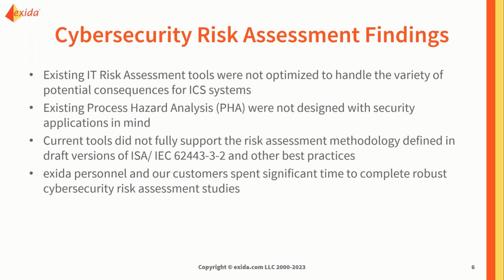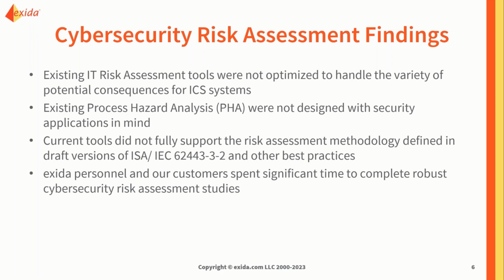In a traditional IT risk assessment, they might look at the entire process control network or the entire ICS network as really one system and have one loss of availability or one loss of data confidentiality consequence for all of those systems grouped together. Whereas for a really ICS-focused risk assessment, you may need to look at each individual BPCS loop or each individual controller and component and really understand what could go wrong for that component.